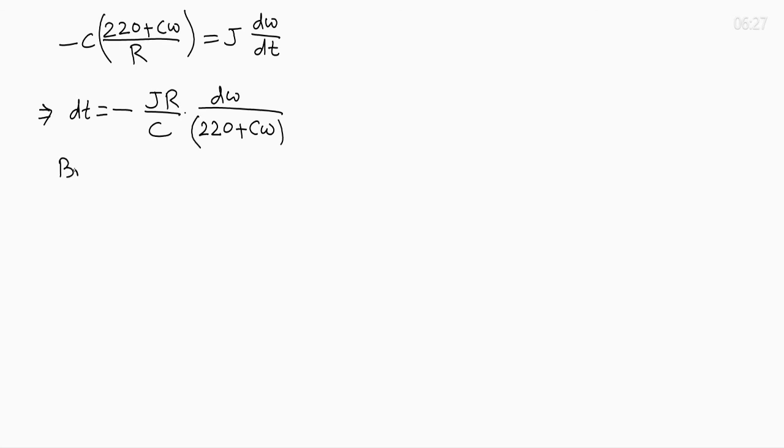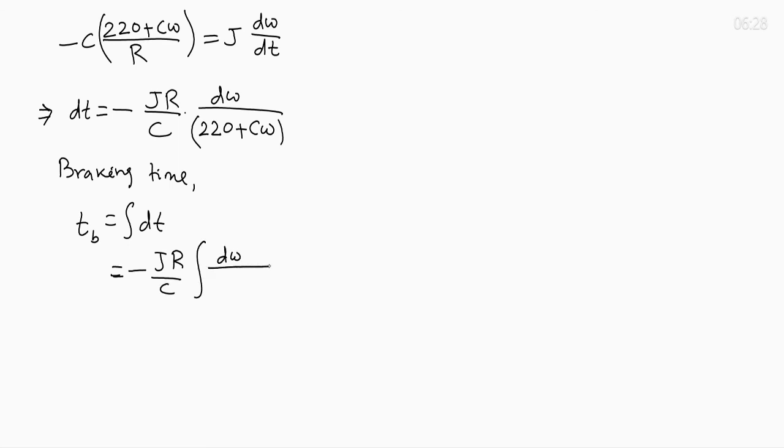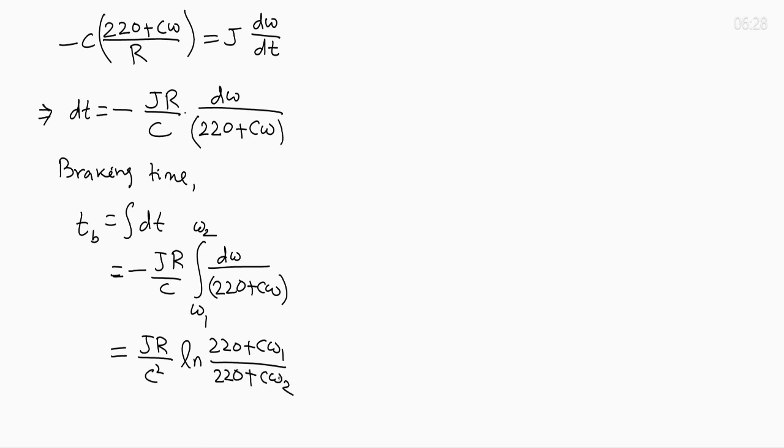Then braking time TB is the integral of dt, that means minus J R by C integral of d omega divided by 220 plus C omega, from initial speed omega 1 to final speed omega 2. So, you can write J R by C square ln, log natural, of 220 plus C omega 1 divided by 220 plus C omega 2.